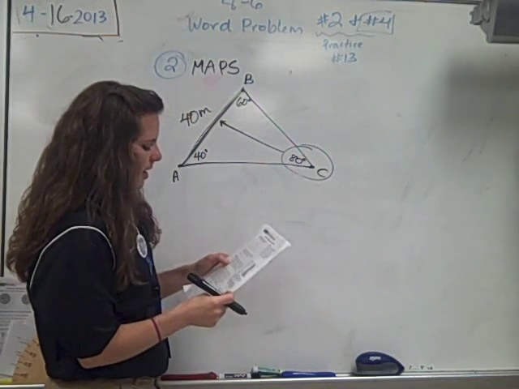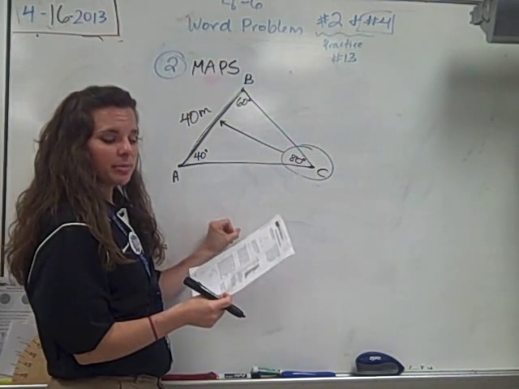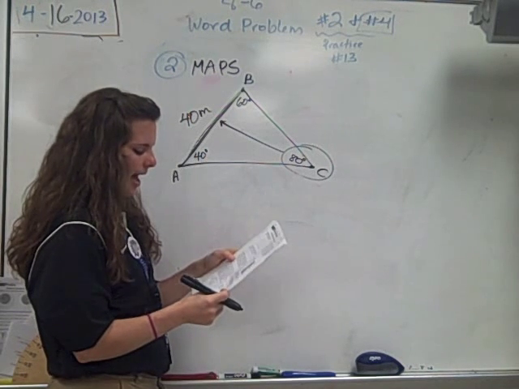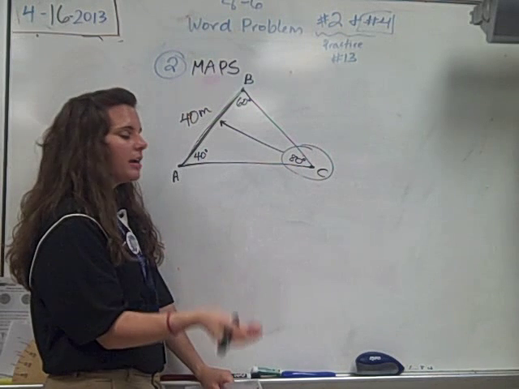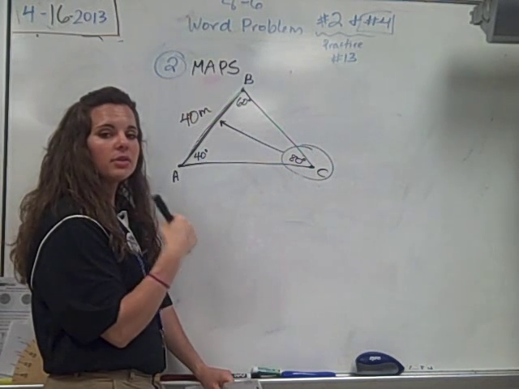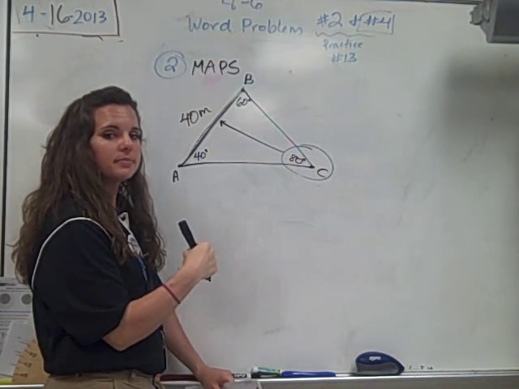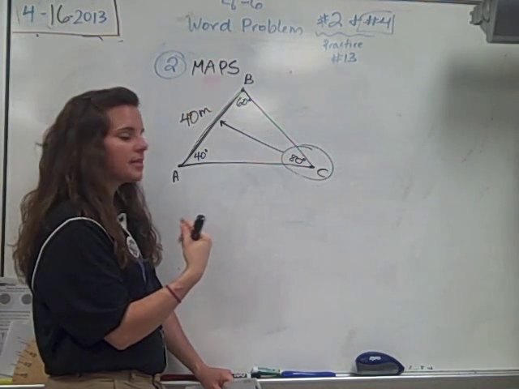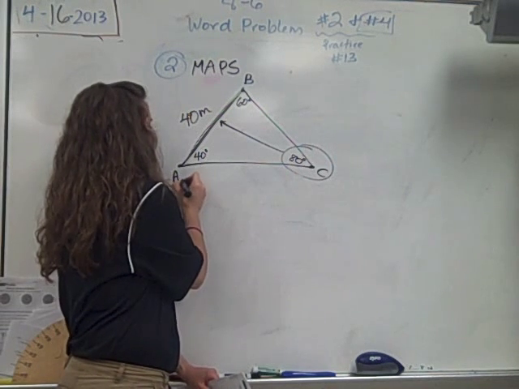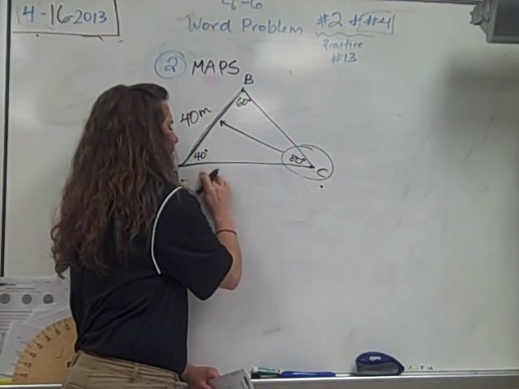Okay. You always need a variable on your picture. How close are the 2 closest cities? Your variable needs to go on the thing that you want to find. Okay? How close are the 2 closest cities? So do I need to find the distance between city A and city C?